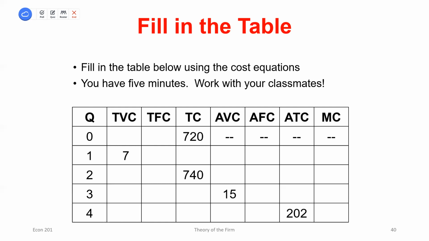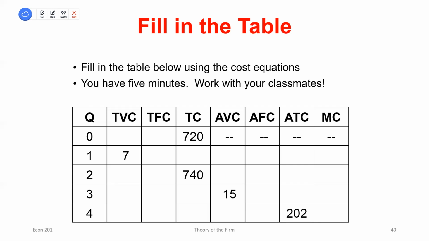Got total costs, average variable, average fixed, and then average total cost, and then we'll do marginal cost at the very end. So I'm running out of room here.